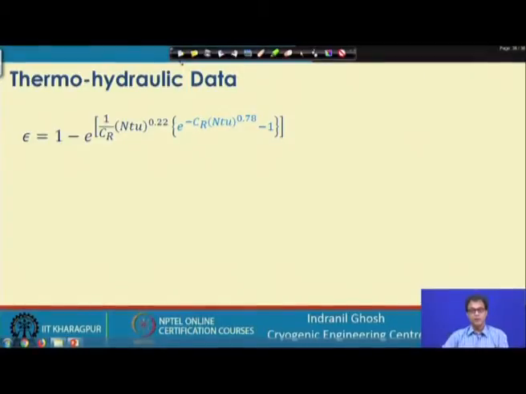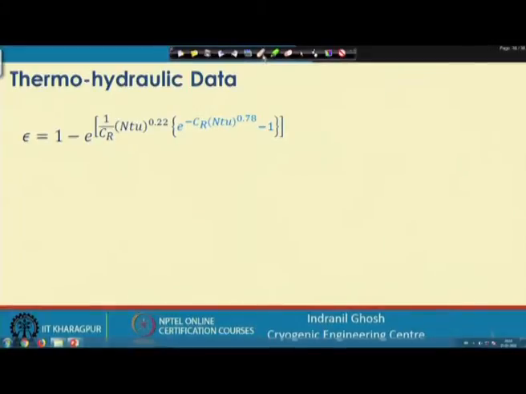We will first estimate this, because we have the overall dimensions of the heat exchanger known to us, so we can estimate the total number of layers for the air side or the gas side, because we also know the overall dimensions of the fin and the plate thickness.